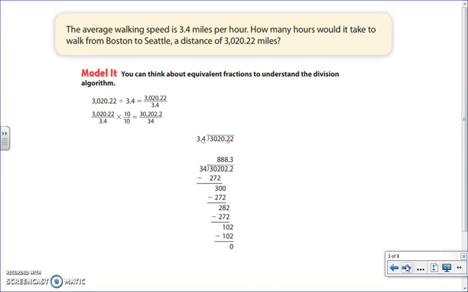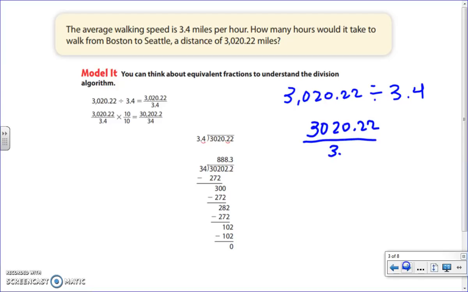We learned yesterday that if I want to think about 3,020 and 22 hundredths divided by 3 4/10, I could think of it like a fraction. And I know that fraction would be equivalent to a lot of other fractions.